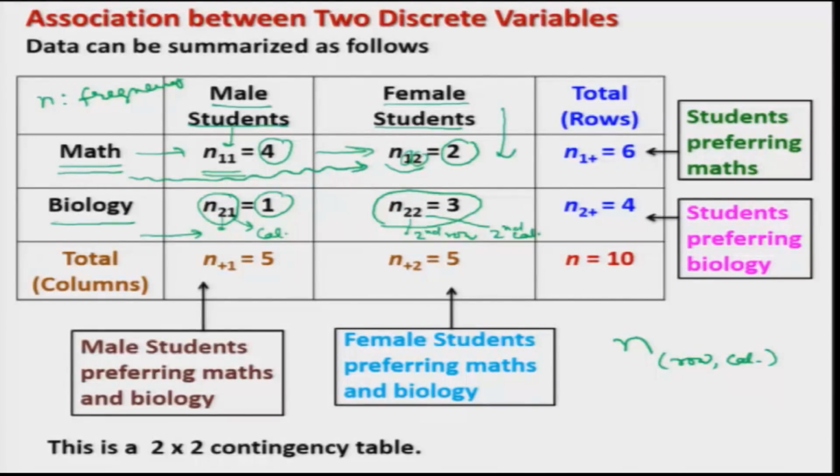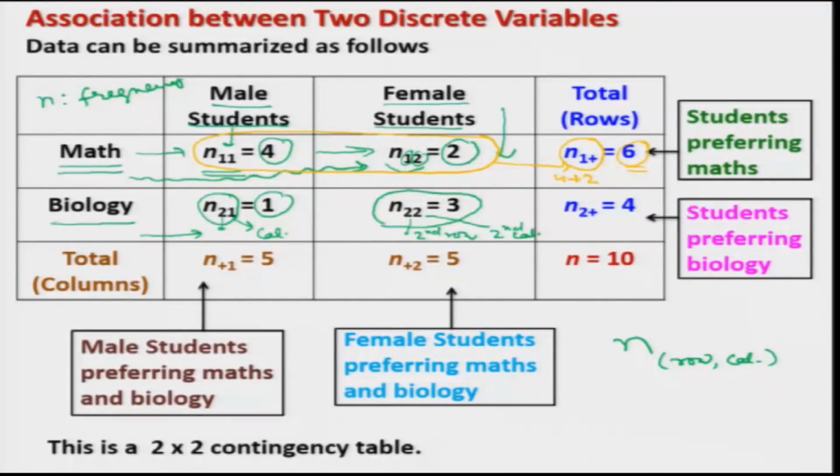Now the next step is this: I try to count the numbers row and column wise. Suppose I count the numbers in the first row. This is here 4 plus 2, and this is here 6. And if you try to see, I am trying to denote this number here as say n1 plus.